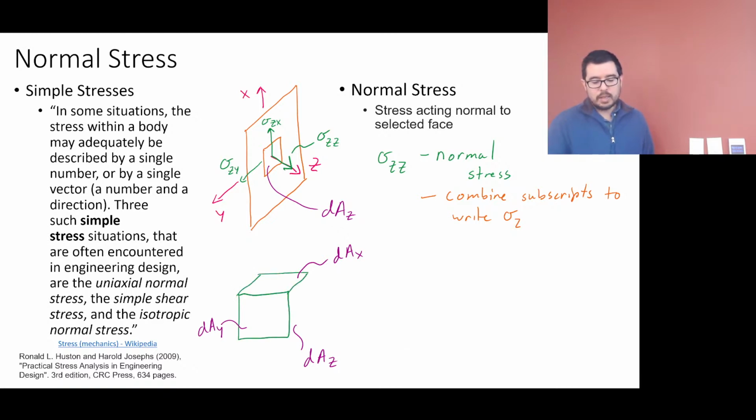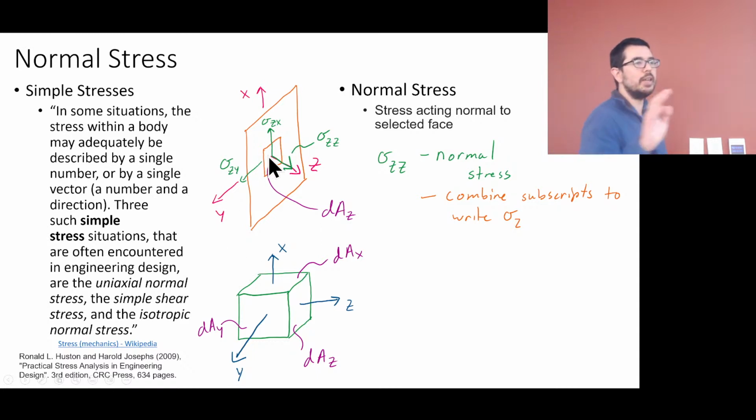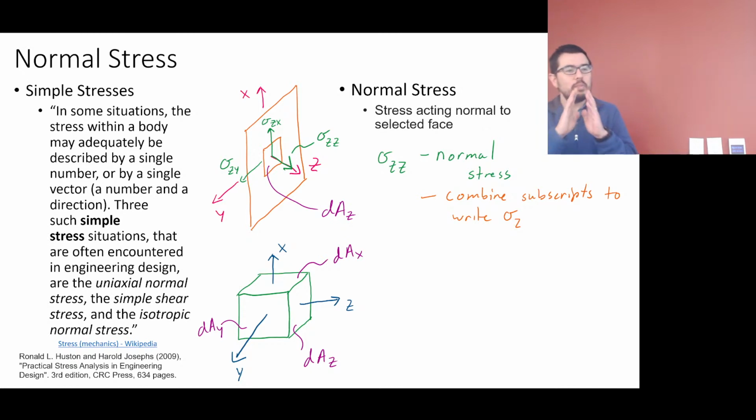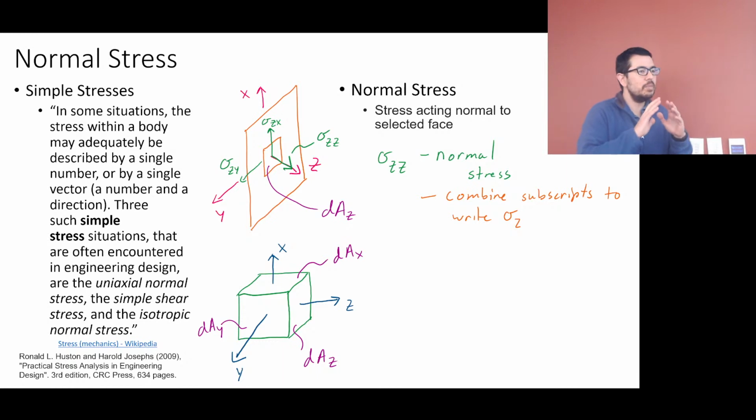So now, what we have here is a 3D element. We were looking at just a plane, right? We had said we're going to look at some plane in the z direction, on the surface that we had sliced or cut. Now we're going to go back and say, that plane could actually be part of a cube.